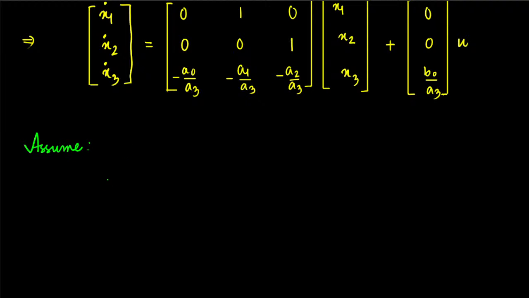Assume this, that we have a representation where we put an underline under a variable. That indicates that this is no longer a scalar quantity, but a vector or a matrix quantity. Now here I am assuming that this vector quantity is representing x1, x2, x3, right?